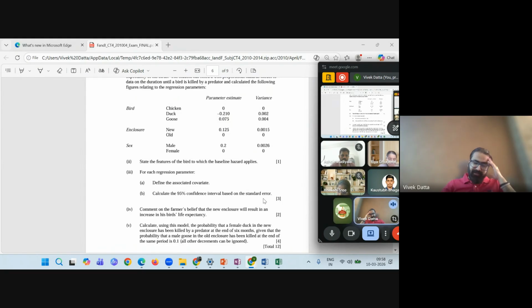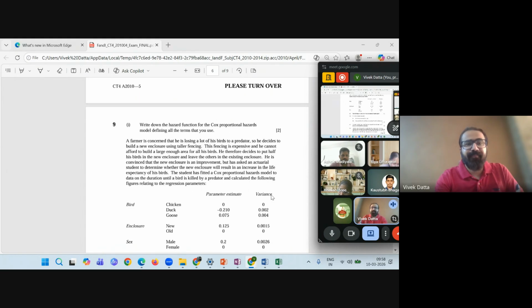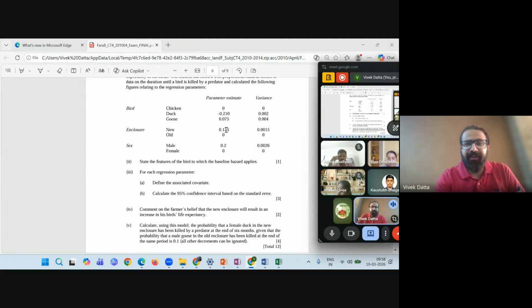First of all, it is 1.133. That means it is 13.31%, not 1 point. So 13.31% is the risk. Now, what is the question? He is losing birds to a predator. That means dying is the hazard. My beta value is positive, which means it is increasing my hazard.